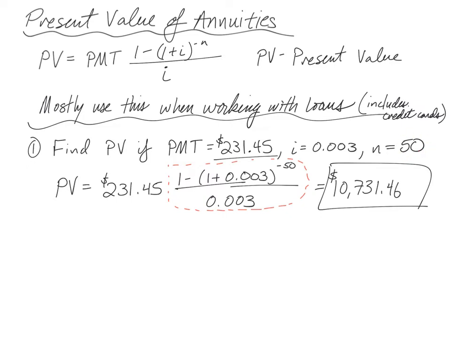Well, it's not making that interest, so we have to discount that backward. So we would end up with $10,731.46. Let's take a look at an example that has a more real-world feel to it. That'll give it a lot more sense in when this is used.